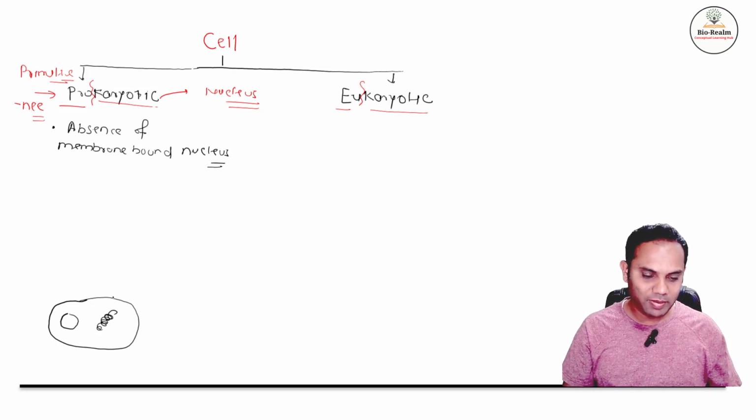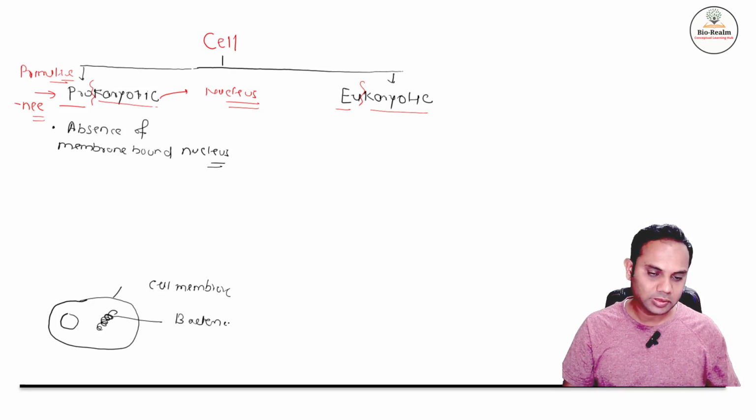It has a cell membrane. Okay, cell membrane is present. Then inside this is a bacterial chromosome, and here you will find the cytoplasm. Okay, cytoplasm is there.